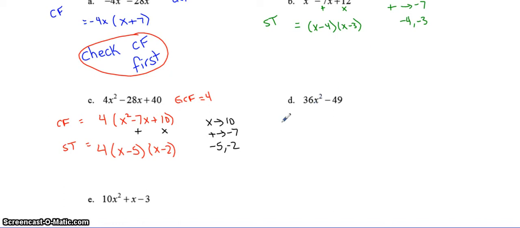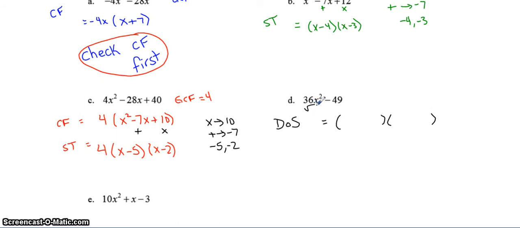Question D, this was a difference of squares. Difference of squares had two terms. They're both perfect squares, and they have a subtraction sign in between. In order to factor a difference of squares, you will have two sets of brackets.